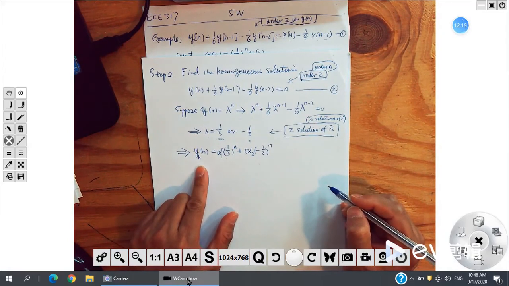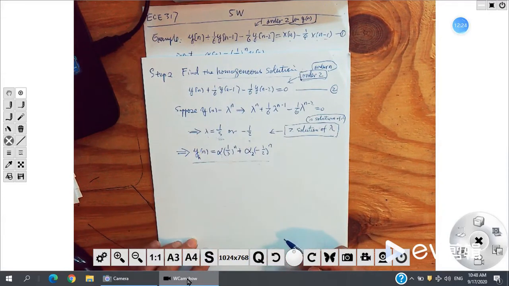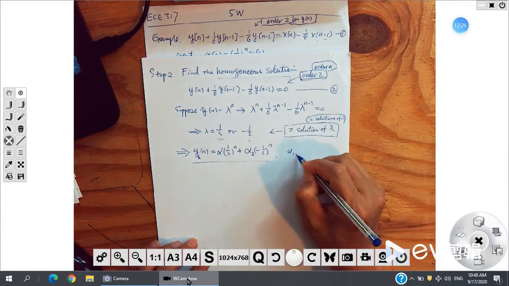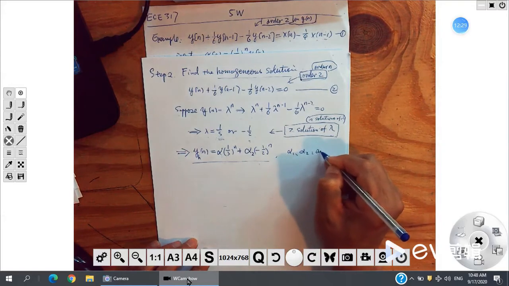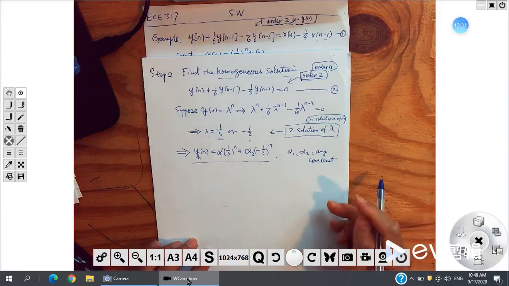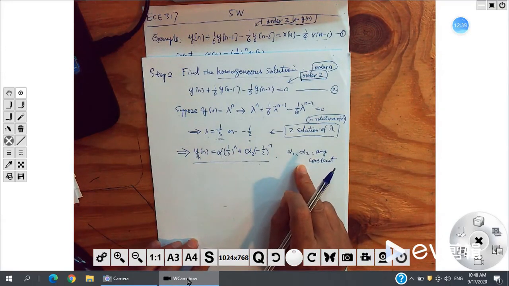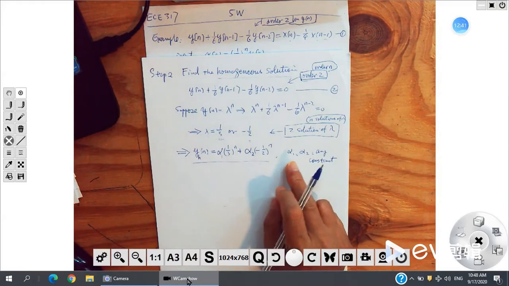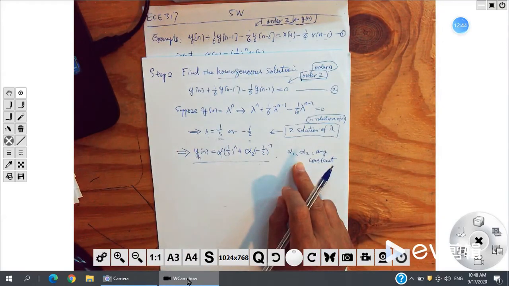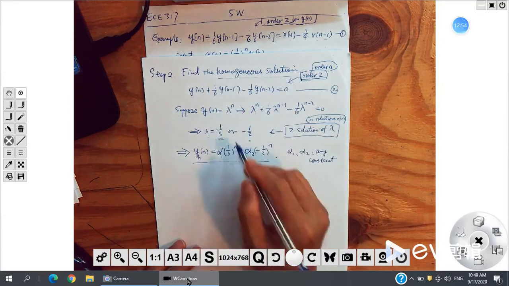So this is a homogeneous solution. Alright. Where alpha 1, alpha 2, any constant. So far we cannot determine the value of alpha 1, alpha 2. We need to determine them based on the initial condition. So now we can say we have all the possible solutions of the homogeneous system.